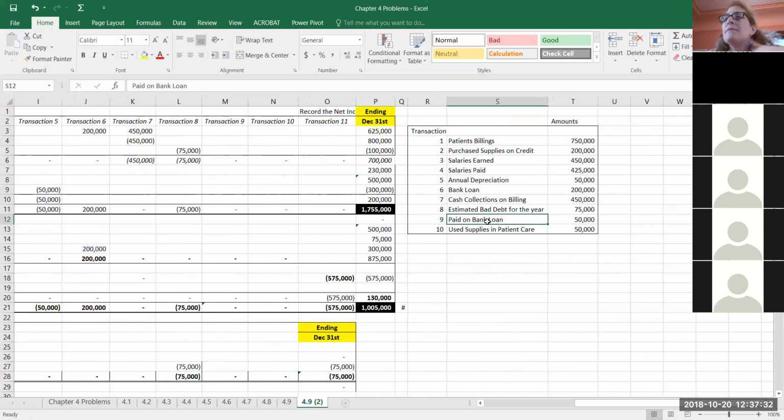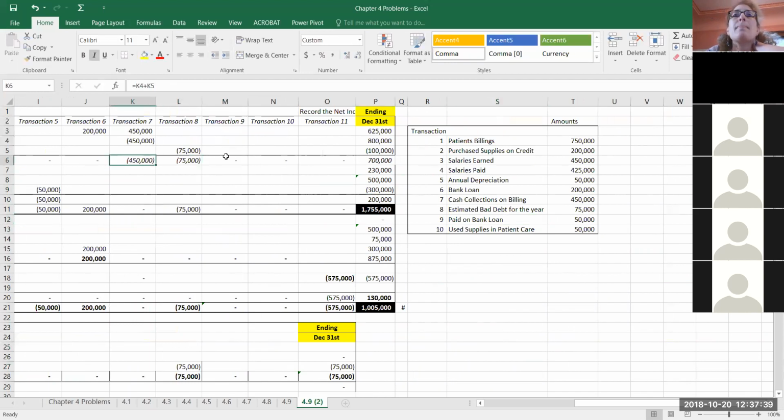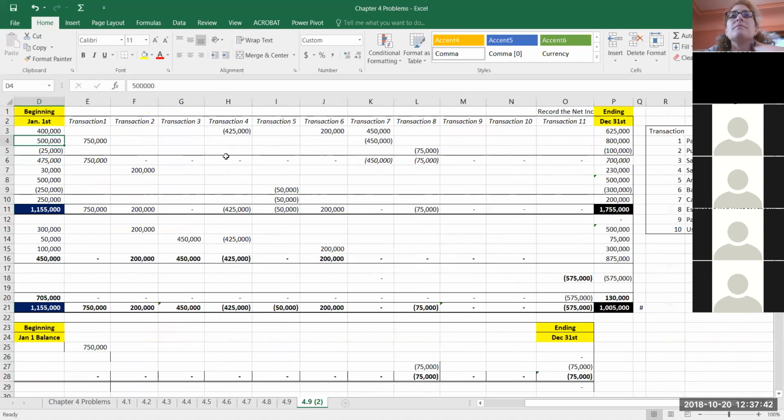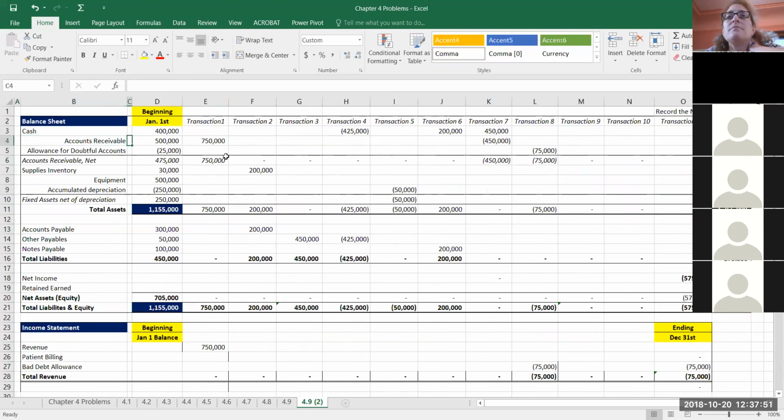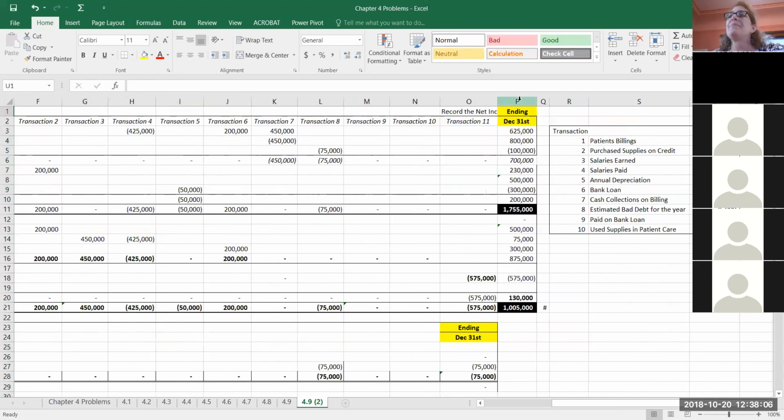I had a question about how you did transaction 7, where initially the patient billings was 750,000. For transaction 7, where there is a net, do we need to indicate that there's that 300,000 somewhere? So what I did is, remember, you're reconciling from this side to this side over here, right?